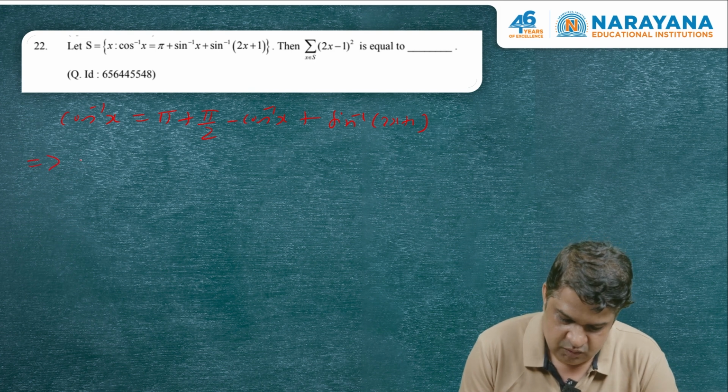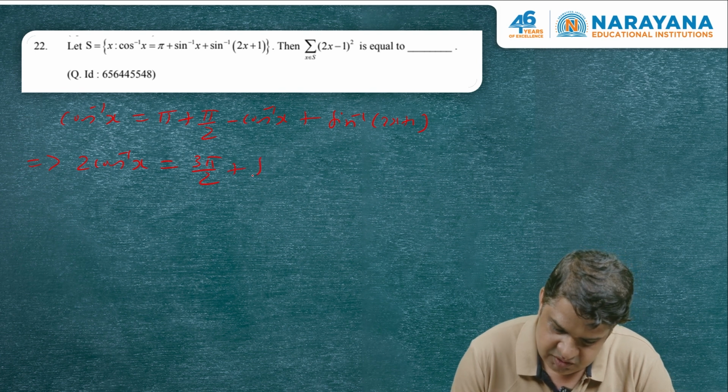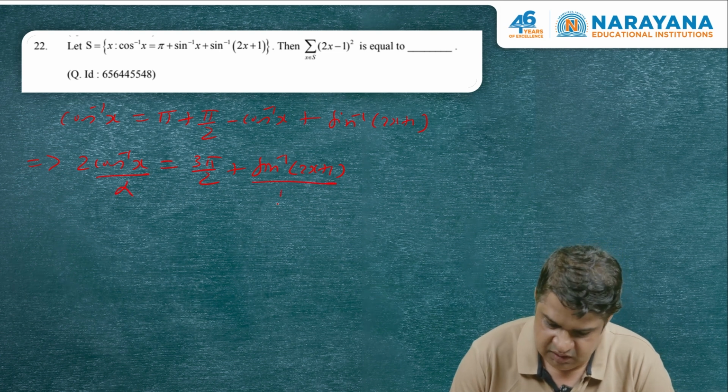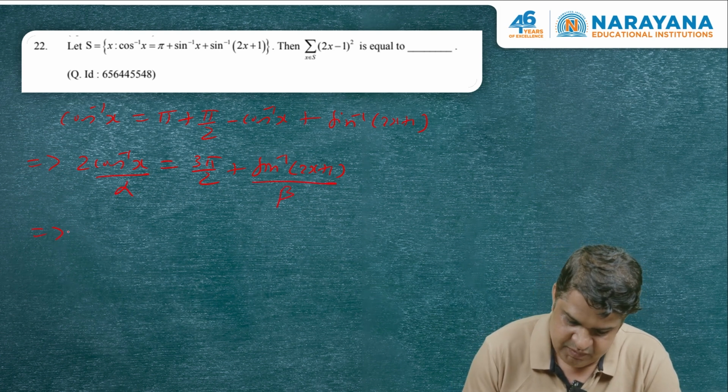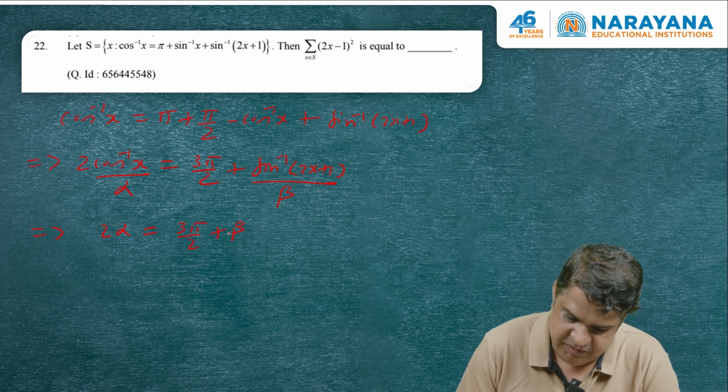So, it will become 2 cos inverse x equals 3 pi by 2 plus sin inverse of 2x plus 1. Now, let us assume this angle is some alpha and this angle is some beta. So, 2 alpha is equal to 3 pi by 2 plus beta.